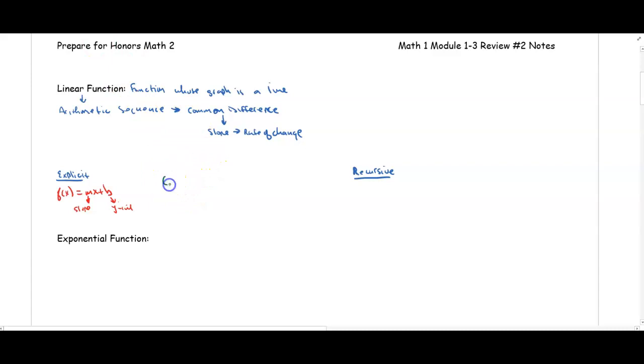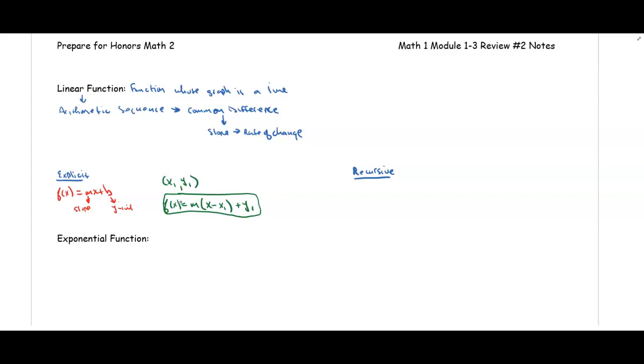If you're given a point that's not the y-intercept, so say you're given some random point x1, y1, we say the explicit rule would be f of x equals m times x minus x1 plus y1. This is probably the best form to know. Not only can you write the equation so quickly and efficiently there, but at the same time you can gather an ordered pair and a slope and graph it real quickly also.